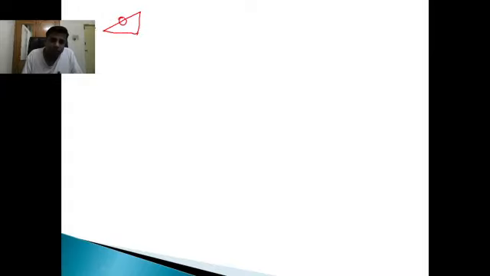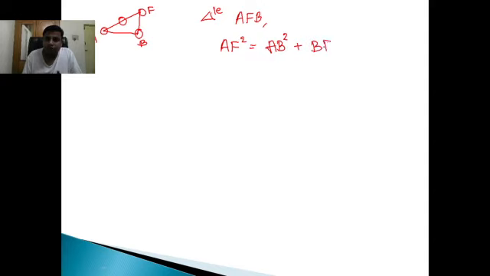So this is particle A, particle F and particle B. Now, in the triangle AFB, we know hypotenuse AF square is equal to AB square plus BF square. Am I correct? Yes, we have applied Pythagoras theorem, a simple Pythagoras theorem. AF square is equal to AB square plus BF square.